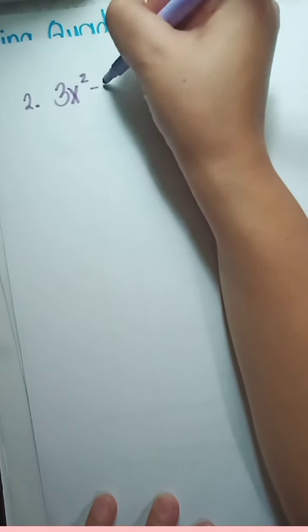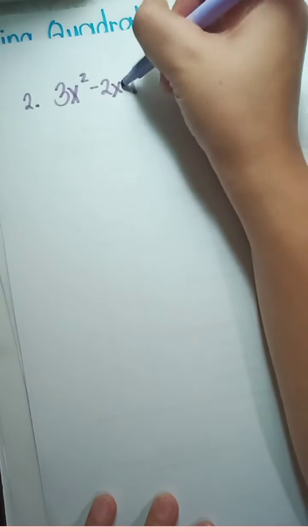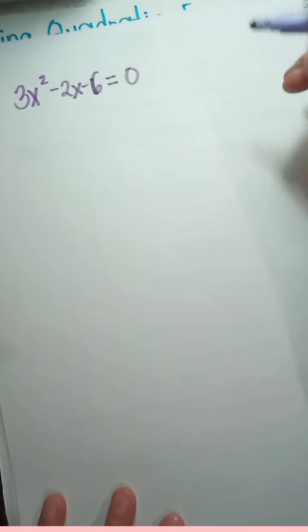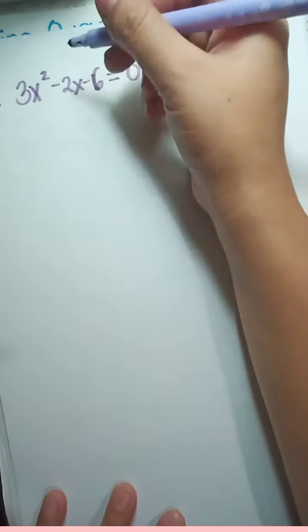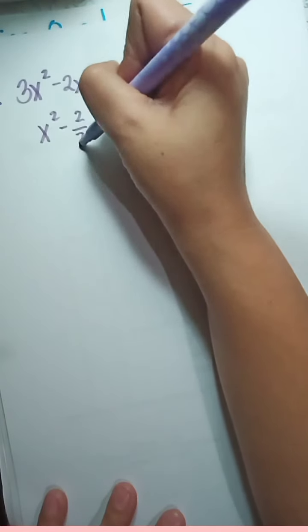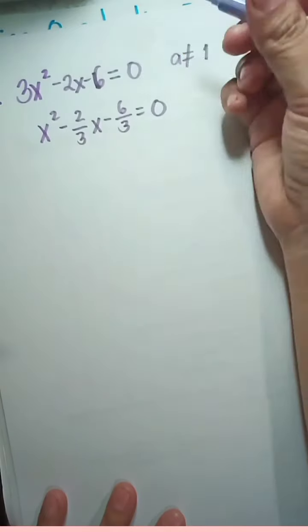Example number 2. So the given is 3x squared minus 2x minus 6 is equal to 0. So as you can see here, our a is not equal to 1. So all you have to do is divide both sides of the equation by the value of a, which is 3.